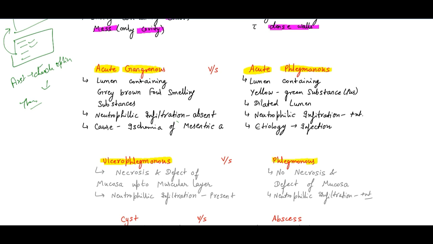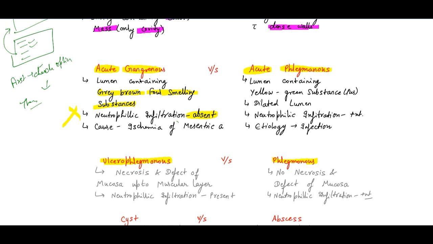Acute gangrenous: the lumen will contain a gray-brown foul-smelling substance, so it is a case of acute gangrenous. There is no bacterial involvement, so neutrophilic infiltration will be absent.